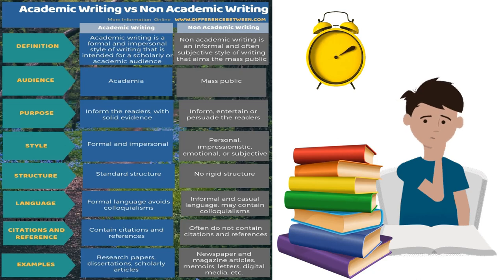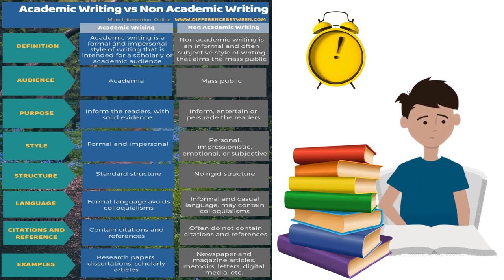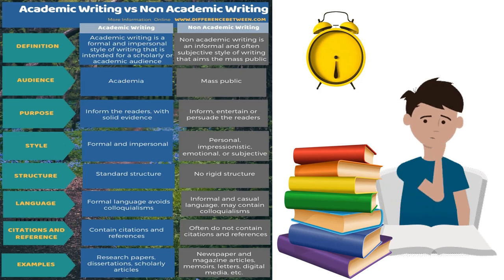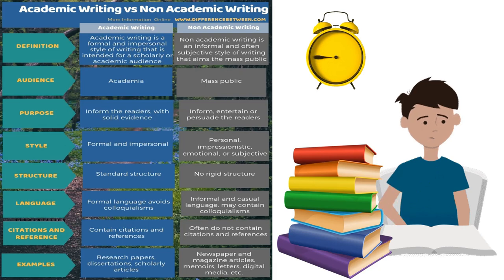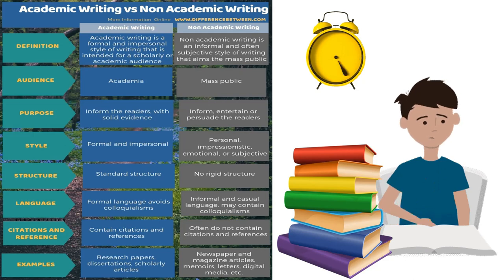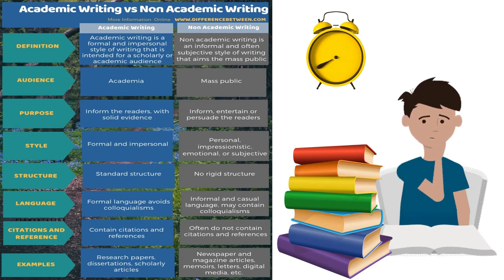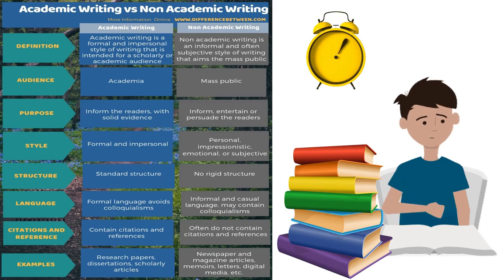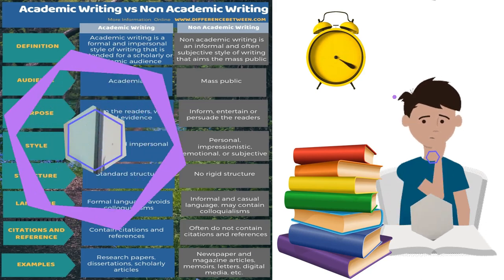Next, for citations and references, academic writing contains citations and references, while non-academic writing often does not. And the last one, we have the examples. For academic writing, we have research papers, dissertations, scholarly articles, and for non-academic writing, we have newspaper and magazine articles, memoirs, letters, digital media, and many more.